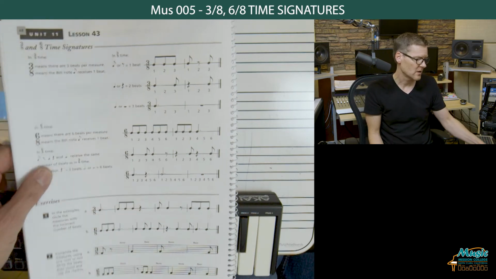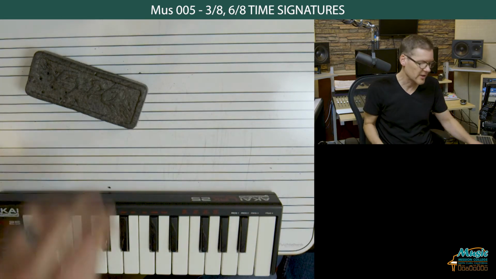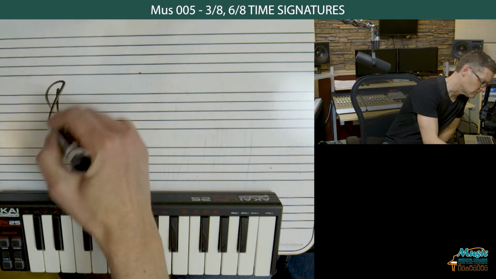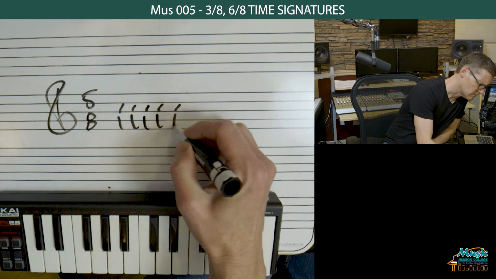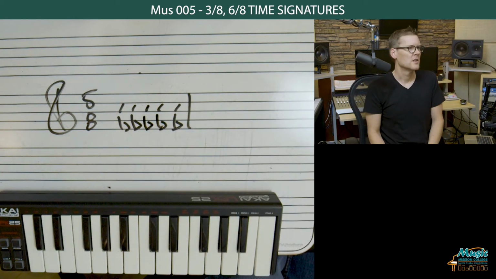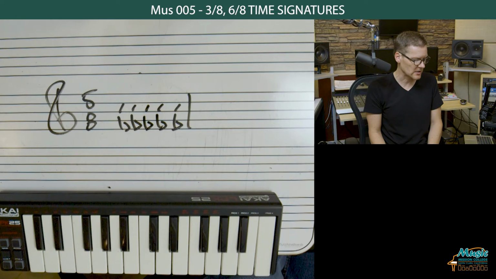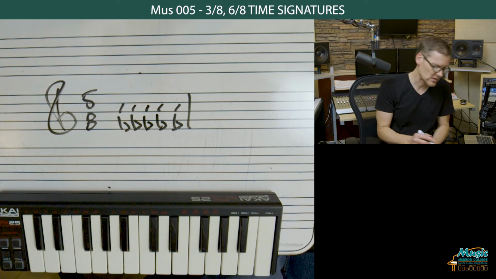By the way, you can also do this in other top numbers, right? So this would be a bar of 5/8, where each 8th note gets 1 count. These can be kind of fun because a lot of times we group them into groupings of 2s and 3s.